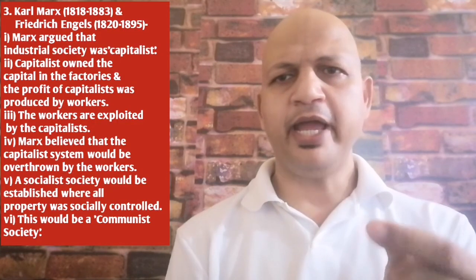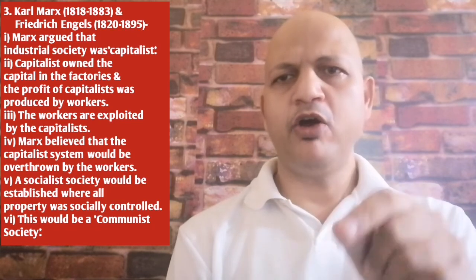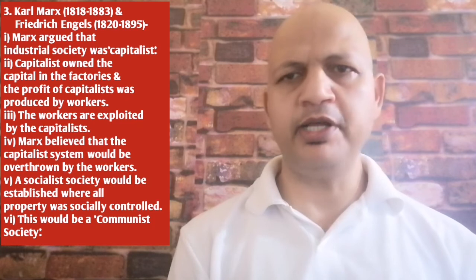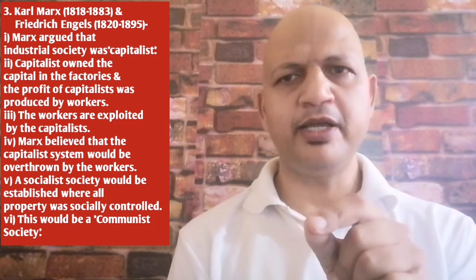In this struggle the poor, the working class, will overthrow this exploitative capitalist system, and in its place a new order will be set in where all the property would be socially controlled. According to him, this society will be a communist society.